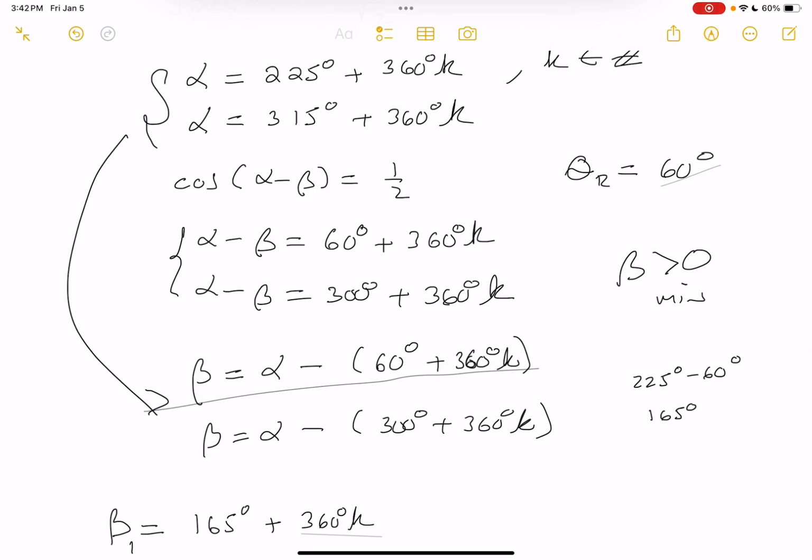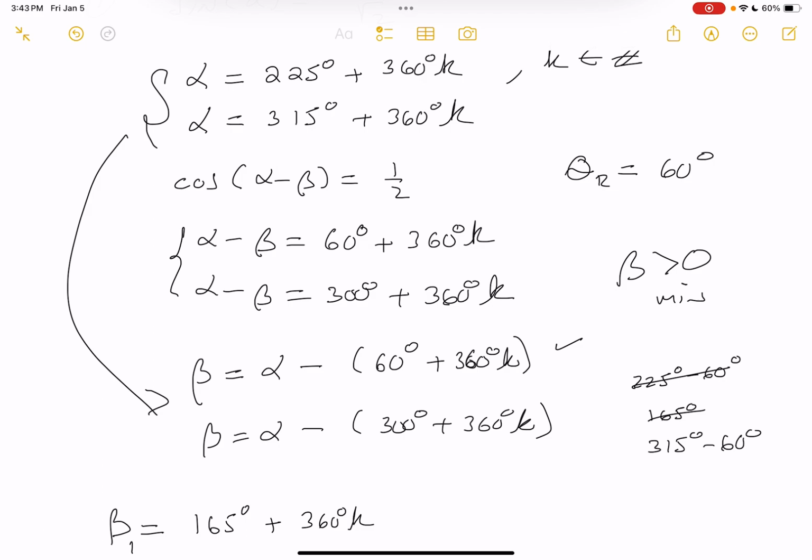Again, now it's going to be 315 minus 60. Let me see if I got that right. Okay, 315 minus 60. Let me check the first one: 225 minus 60 is 165.